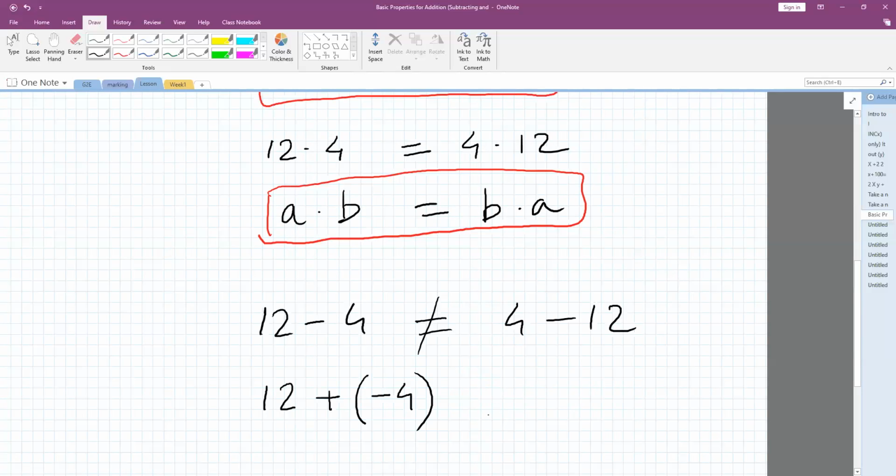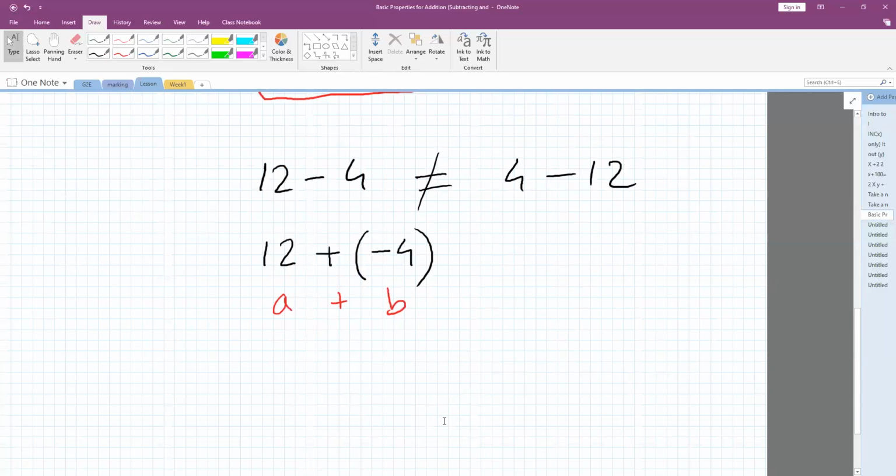Now, remember, we have A plus B, and according to the commutative law, it becomes B plus A. In this case, what is B here?